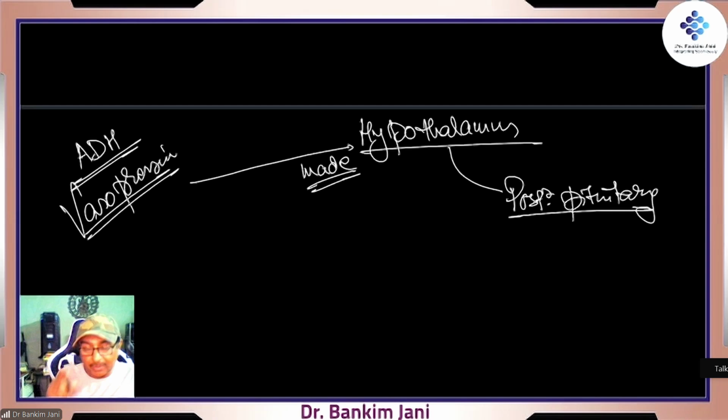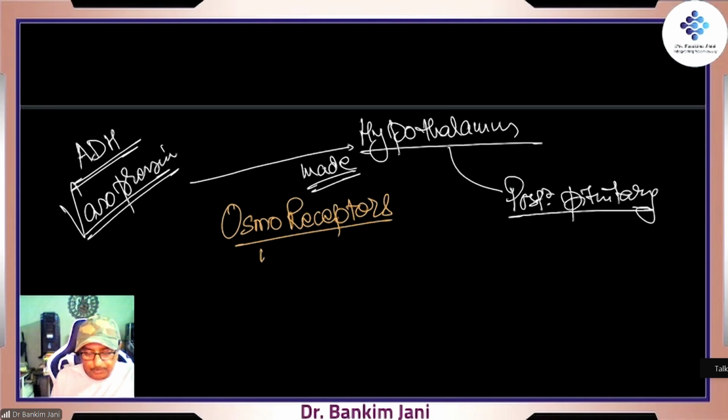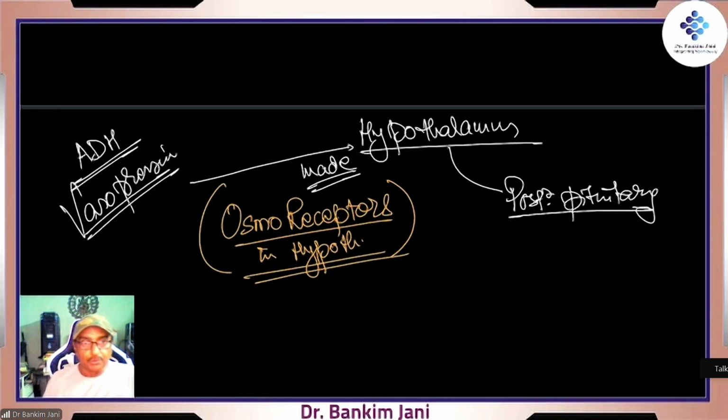So why should it really be released? Because in the hypothalamus we have osmoreceptors. What the hypothalamus does is respond when there is an increase in plasma osmolarity. What exactly do we understand by plasma osmolarity?